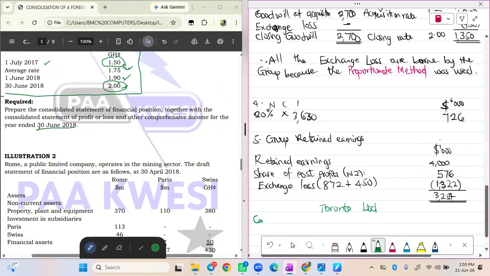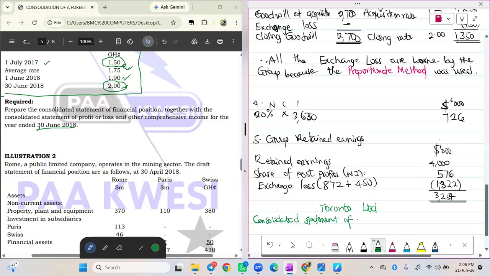So consolidated statement of profit or loss. And I think this exchange loss, if you treat it as other comprehensive, other components of equity, or you include it in working 5. In a P&L, you present it as what? Other comprehensive income. It's not part of the main P&L. Remember.